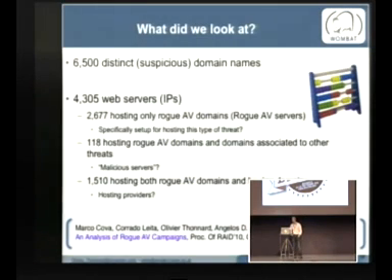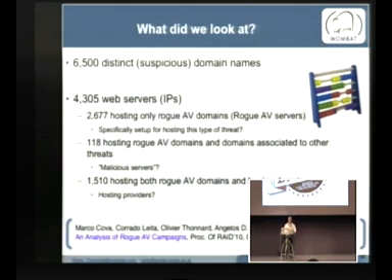So we wanted to apply our approach, triage, to this kind of data. What did we look at? Well, we selected about 6,500 domain names that somehow looked suspicious. Those domains were pointing to roughly 4,300 different IPs.